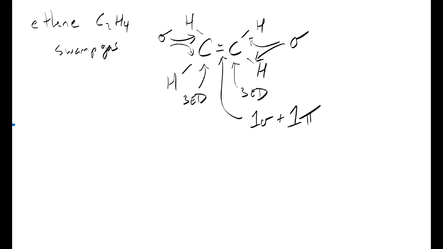So if you were to look at this molecule sort of edge on, okay, so there's carbon, you would see a sigma bond in between the 2 carbons. I'm trying to draw it so you're looking at it from the side. I've rotated it.